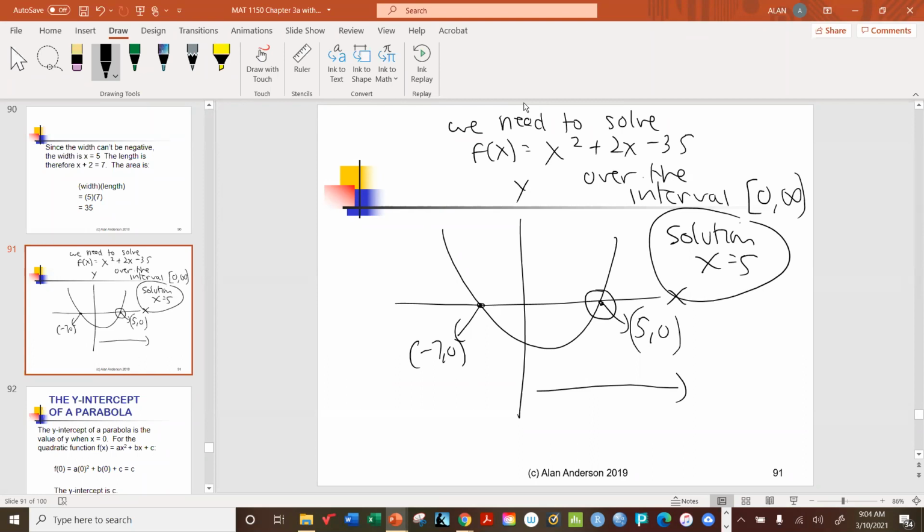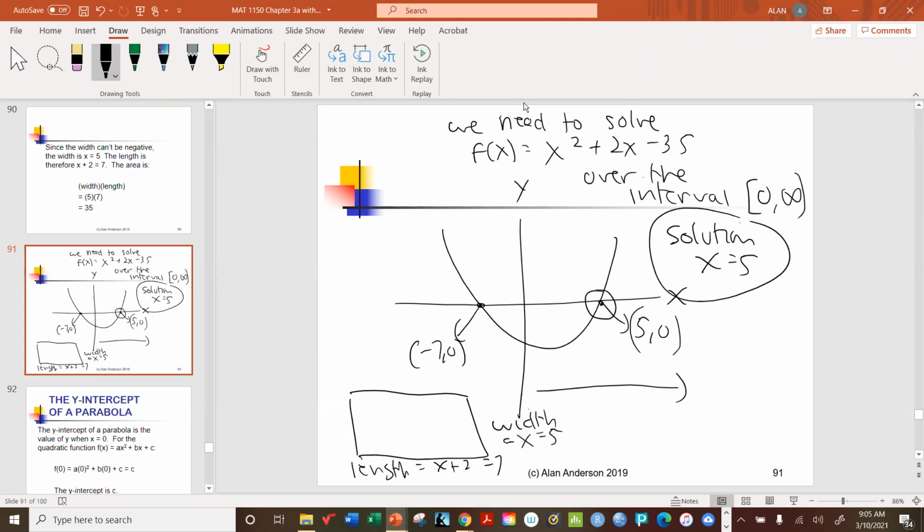Now, if you recall, we defined x to be the width. Our length is x plus 2, which is 7.